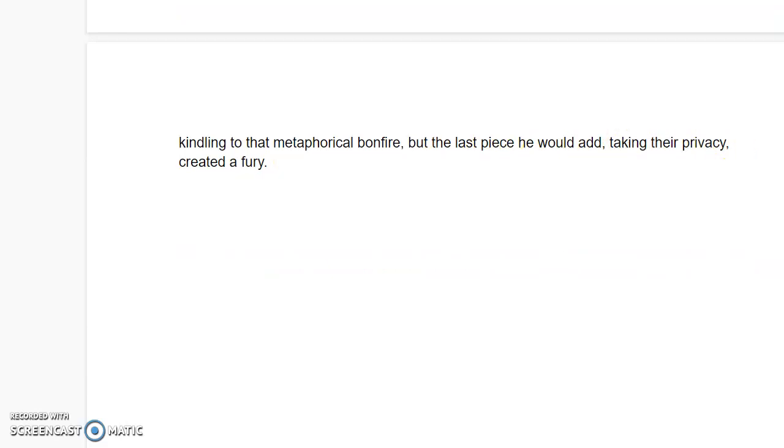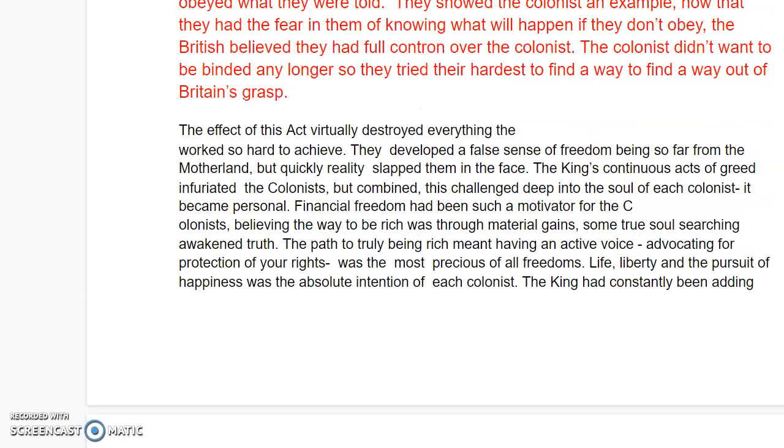Within the Intolerable Acts, there are three laws that specifically talk about taking away their privacy, that they no longer have an active voice and they cannot advocate for the protection of their rights.